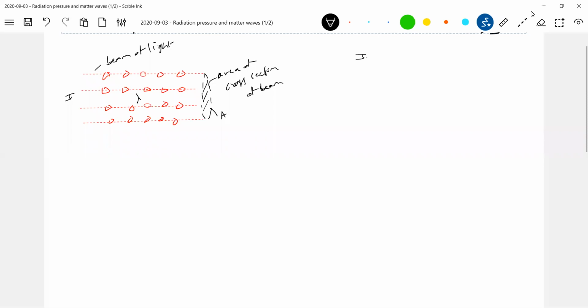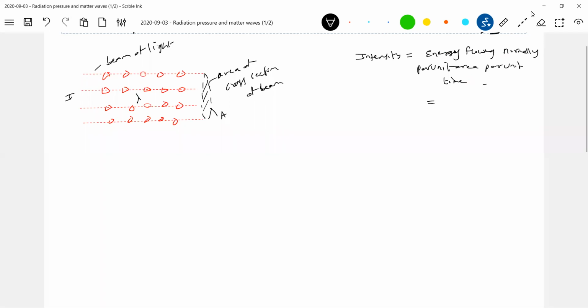Intensity we define like this: energy flowing normally per unit area per unit time.